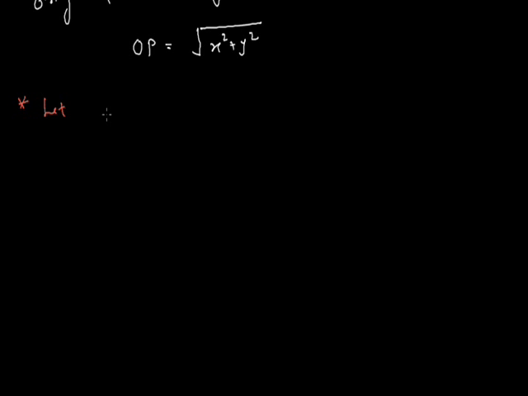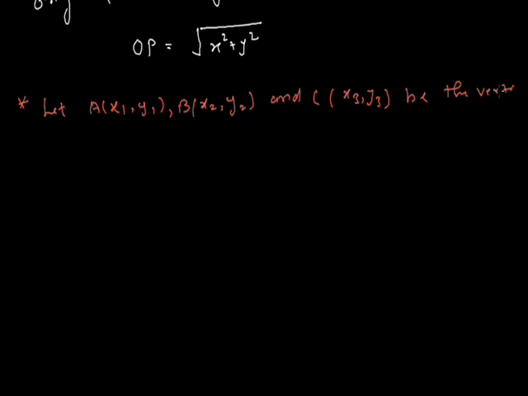First, let A(x1, y1), B(x2, y2) and C(x3, y3) be the vertices of a triangle ABC.